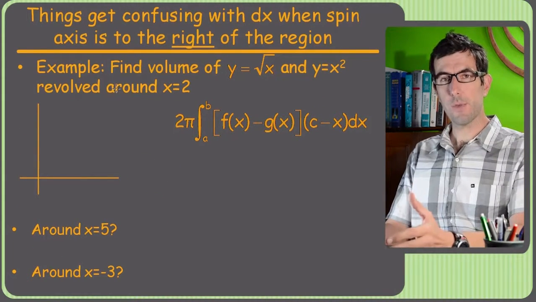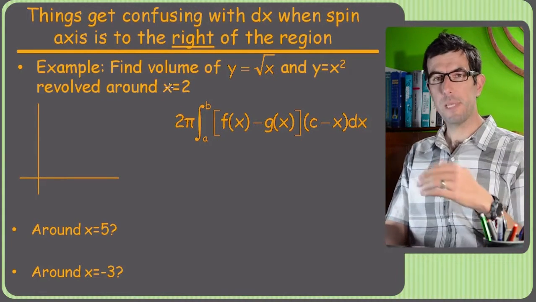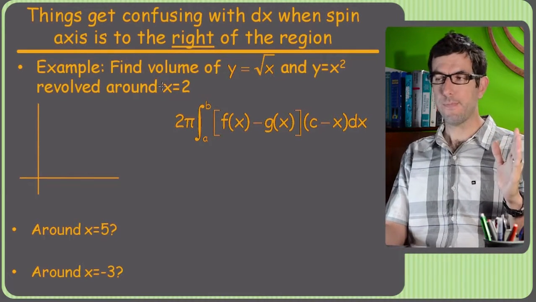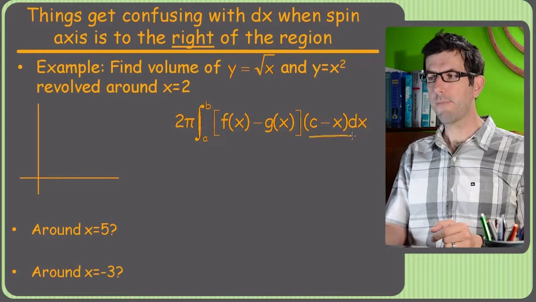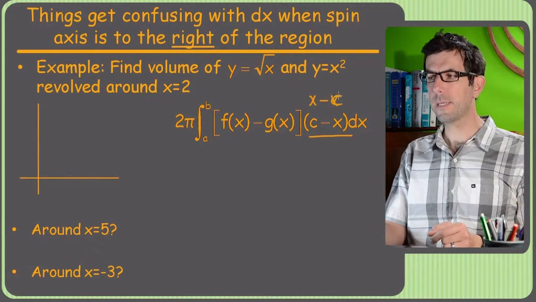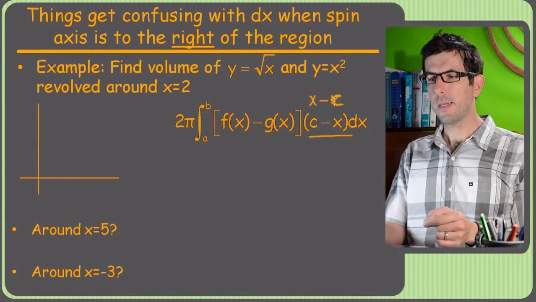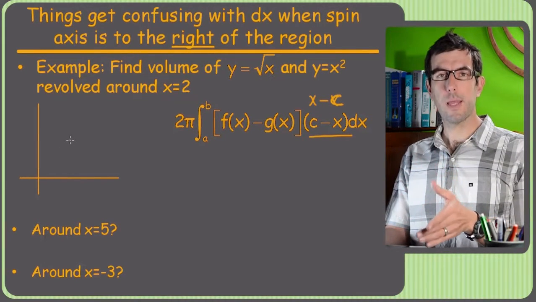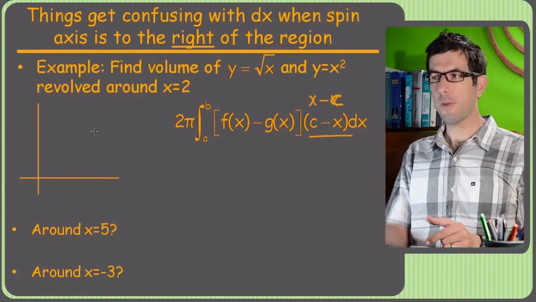Alright, so just like with the shell and washer method, things get a little bit more confusing when the spin axis is either above or to the right of the region. And you'll notice what happened is all we did, same formula, except c minus x replaced x minus c. In the previous problems we just worked, we did x minus c, and of course if your spin axis is to the left of your region, that means it's got a negative coordinate, like x equals -3 or -5, and therefore that's a negative c.